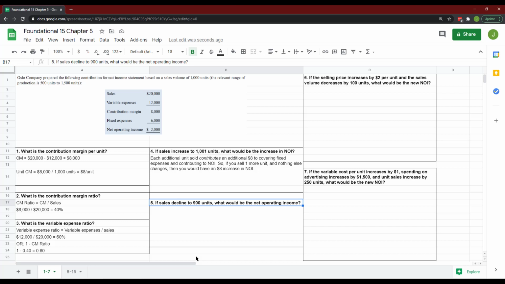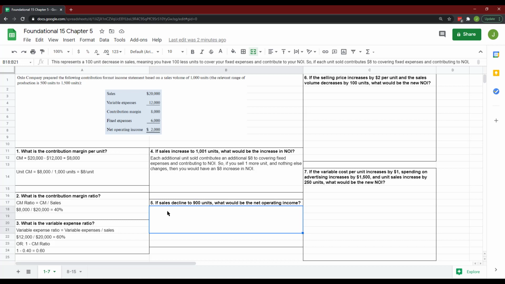So now we're looking at what if we go from 1,000 units sold to 900 units sold. So that's a decrease of how many units? That's 100 units decrease. So if you were to only sell 900 units, you would have 100 units less. That means you have 100 units less contributing not only to contribution margin, but to your fixed expenses and net operating income. So we're again going to go back to that unit CM, right?